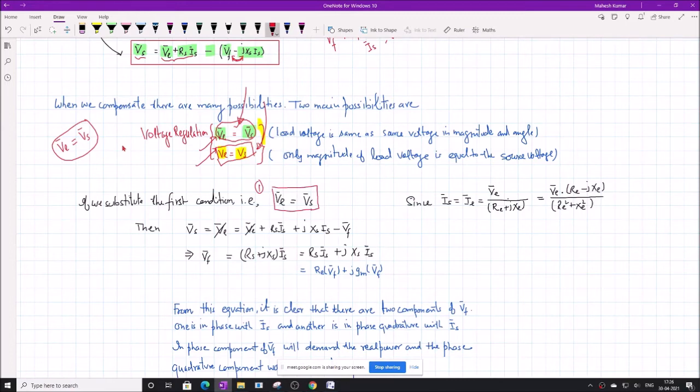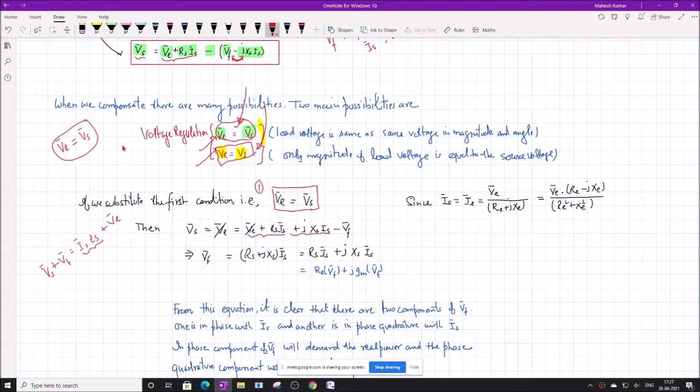If this is so, then VS equal to VL. From the first equation, the KVL equation, VL plus RS IS plus jXS IS minus VF. Actually, it is the same equation, that VS plus VF equals IS ZS, the feeder drop, plus VL.